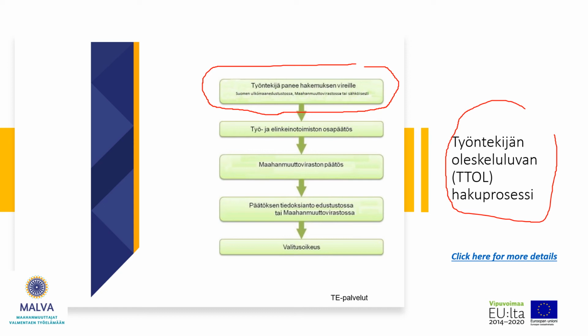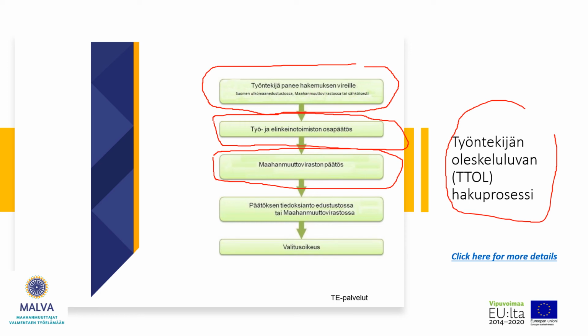And then the next step is the partial decision taken by TE-toimisto, which is checking the application and taking the first partial decision. After that, the final decision is under the supervision of the Finnish Immigration Service.